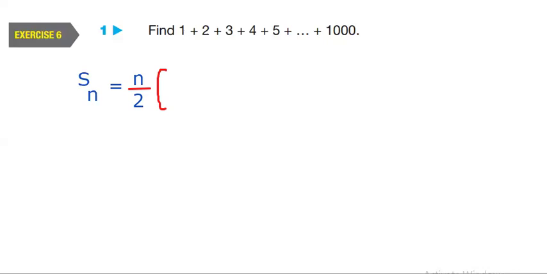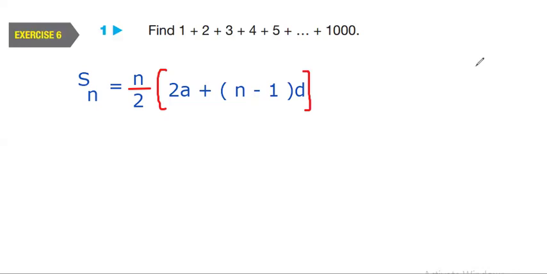And inside the bracket here, we will have 2a. Let's write it here. 2a. And then plus bracket n minus 1, n minus 1, close bracket, and then multiplied by d, and then we close the bracket outside. So this is the whole formula of the sum of a sequence.